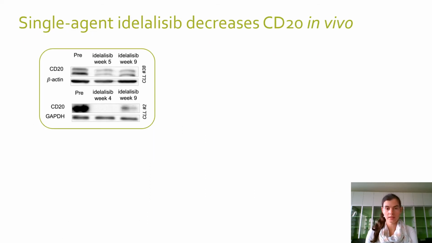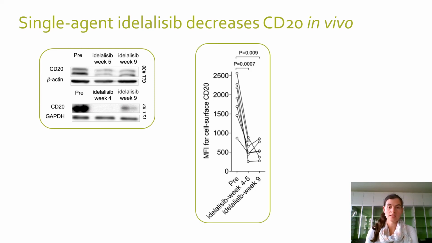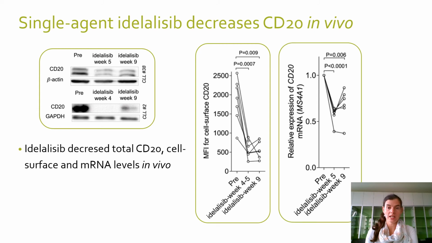Interestingly, in vivo data, which compared paired samples from patients before idelalisib monotherapy and after 5 or 9 weeks on therapy, showed a clear decrease in total CD20 levels, cell surface levels, and also mRNA levels.